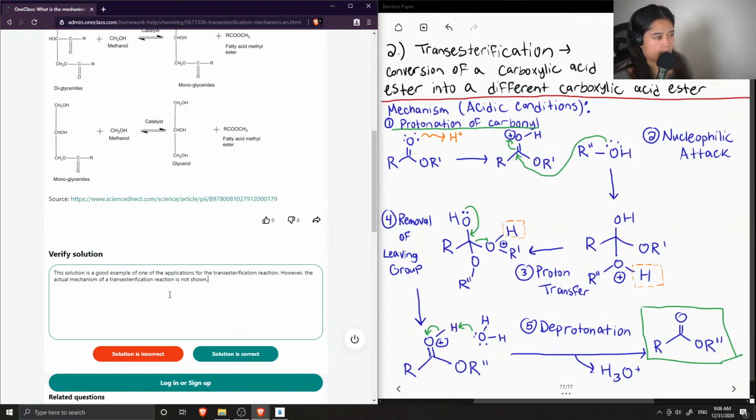However, the actual mechanism is not shown.